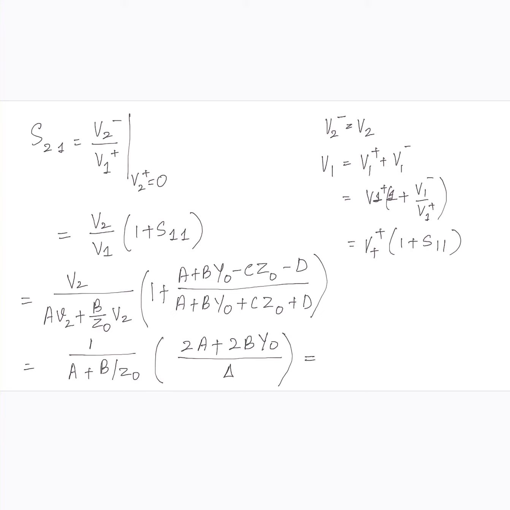So the final equation we can write is 2 divided by delta.